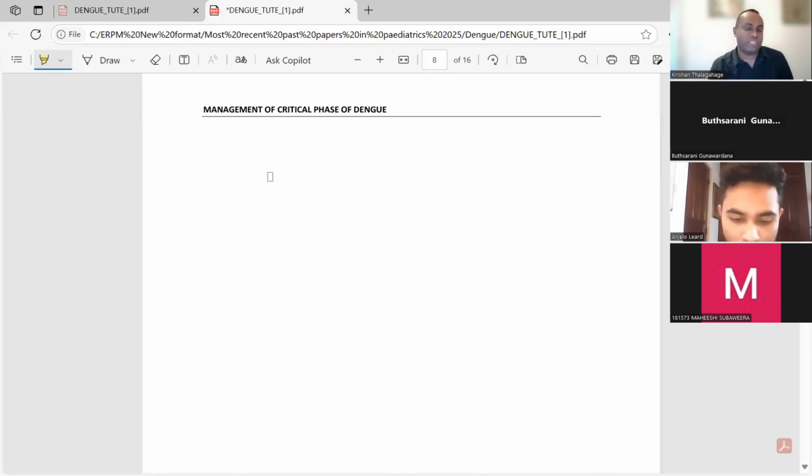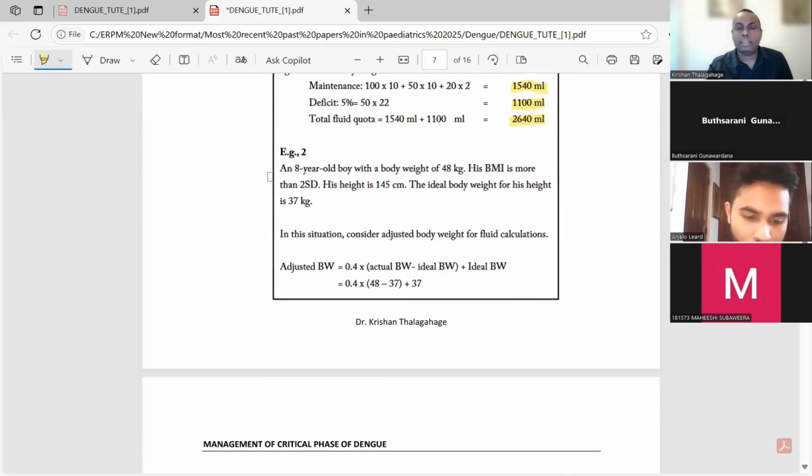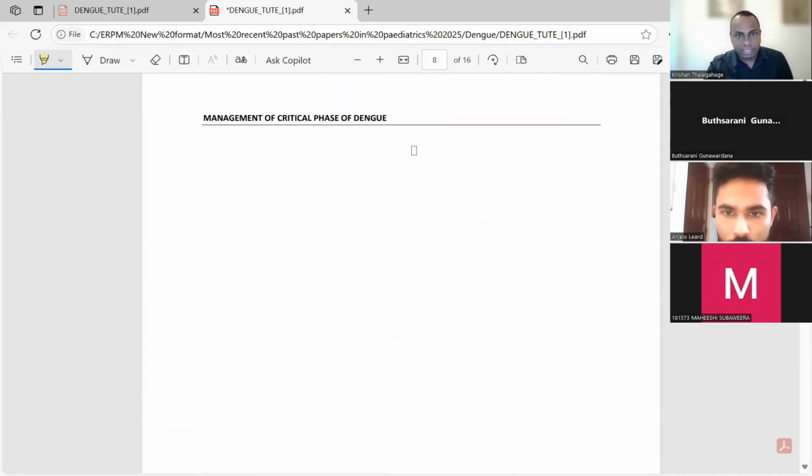For calculation, refer to the previous page. This is the amount, and then we can write that this fluid quota is given over 48 hours.